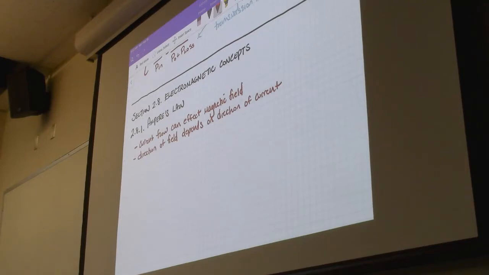Okay, so equation 2.54. So what do these mean? This is a closed line integration, which we'll talk about what that means again in a second.